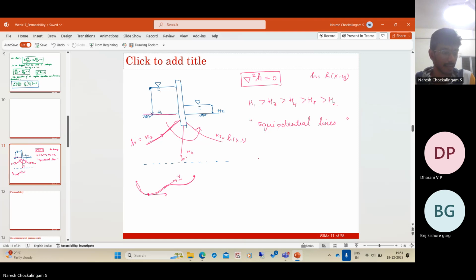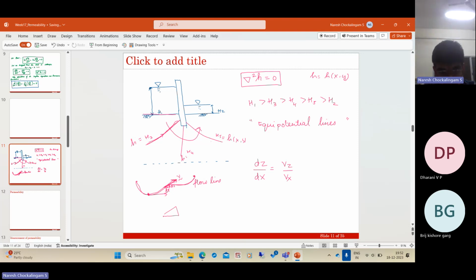So if this is the flow line and you draw a tangent, the slope of the tangent is dz by dx.